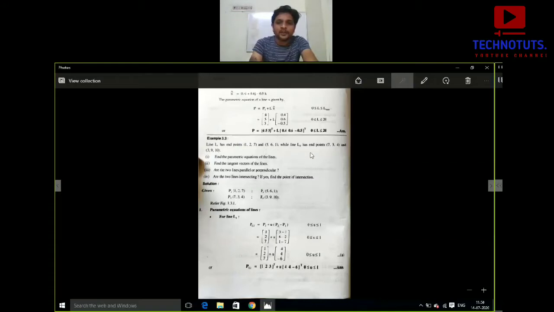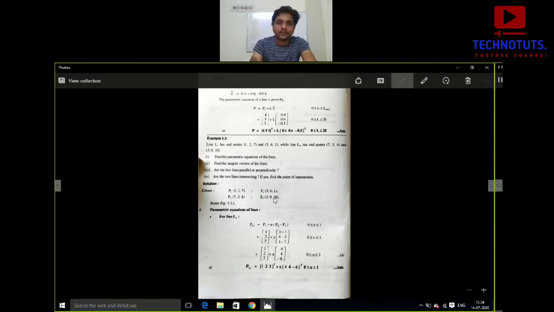Point P3 has coordinates x3 as 7, y3 as 3 and z3 as 4, that is (7, 3, 4). Point P4 has coordinates x4 is 3, y4 is 9 and z4 is 10, that is (3, 9, 10).